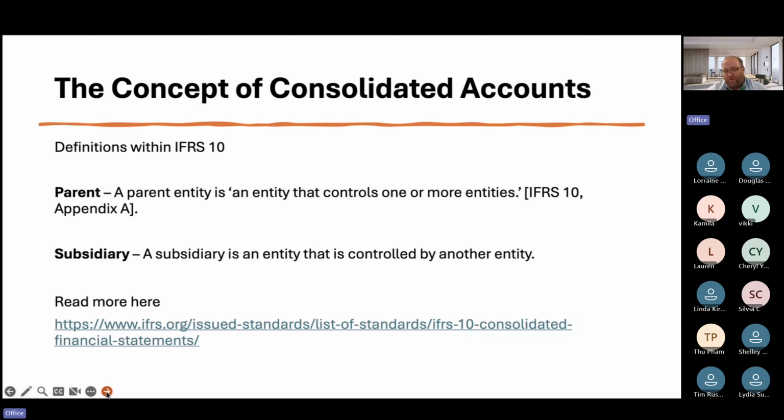So, for example, if you own 30% of another company, then there's no need to consolidate, and you wouldn't consolidate the 30% into your parent company because it's not a subsidiary. It's only a subsidiary if you control it. So you've got 50% or more. If you own 60% of the shares, then you would go down the route of consolidating the accounts into a consolidated group position.